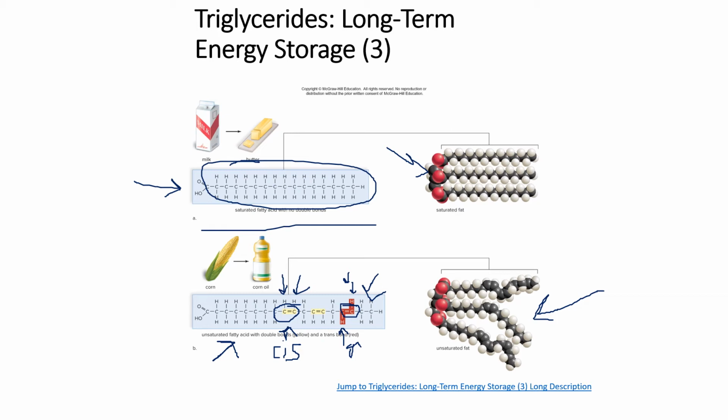So those are the foods you really want to avoid. But again, unsaturated fats, they're typically from plant sources. They're a little bit better for you. They have these crazy bends due to the double bonds. And that means they don't stack well and they're liquid at room temp.